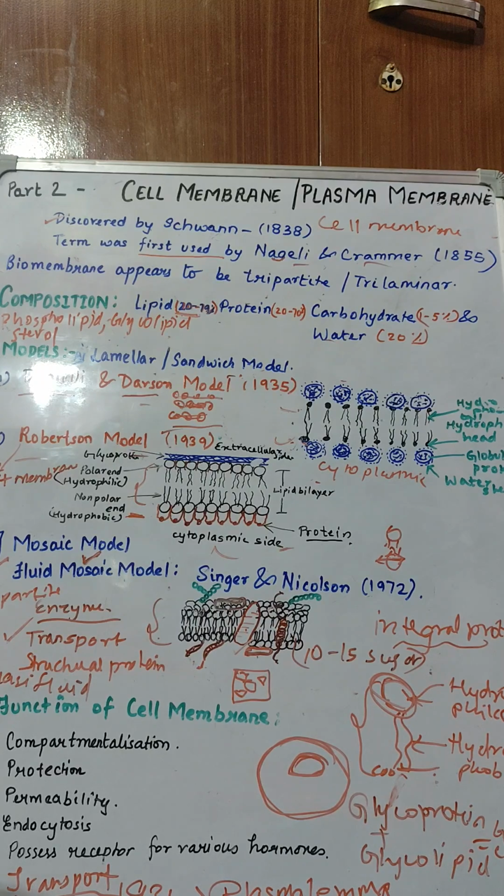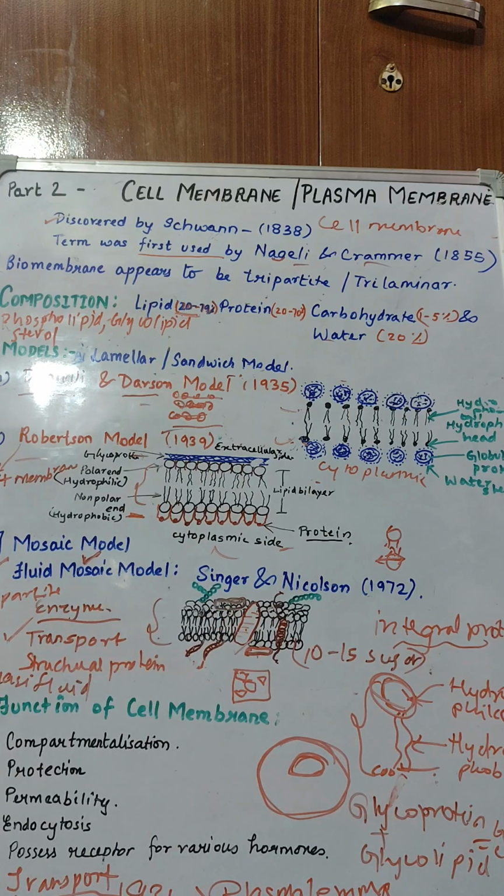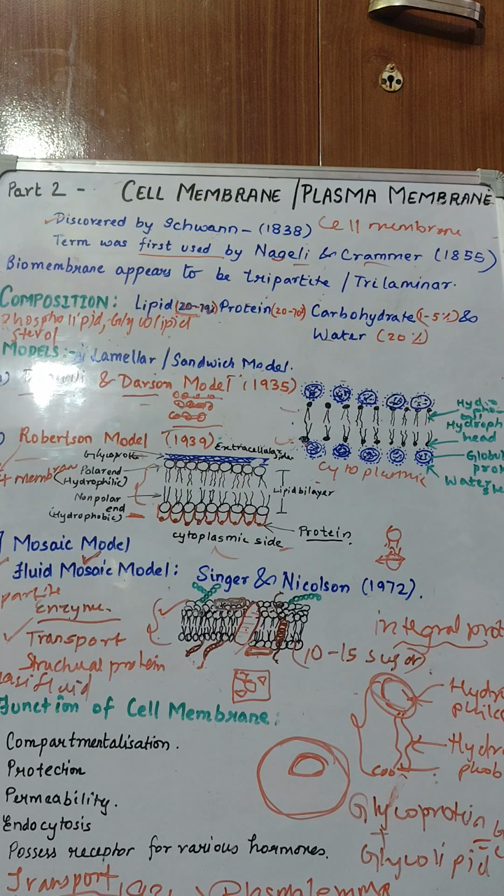Some type of lipid is present on the upper surface, and on the lower surface some other kind of lipid is present, so they are asymmetrical in nature. Due to this, the multiple functions of the biomembrane are provided, because of this asymmetrical nature of lipids also.